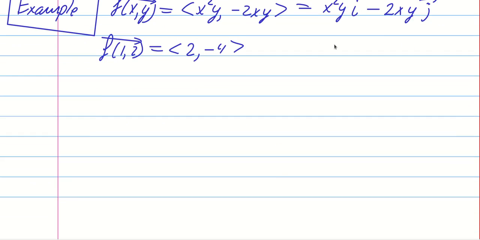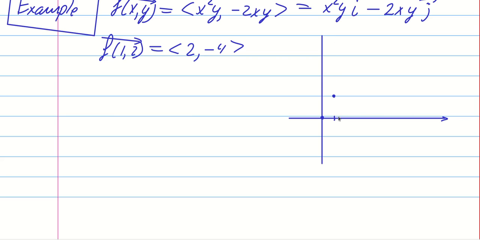So then you go to the xy plane, and you go to the point 1, 2. That's your starting point. And your vector is 2, negative 4.